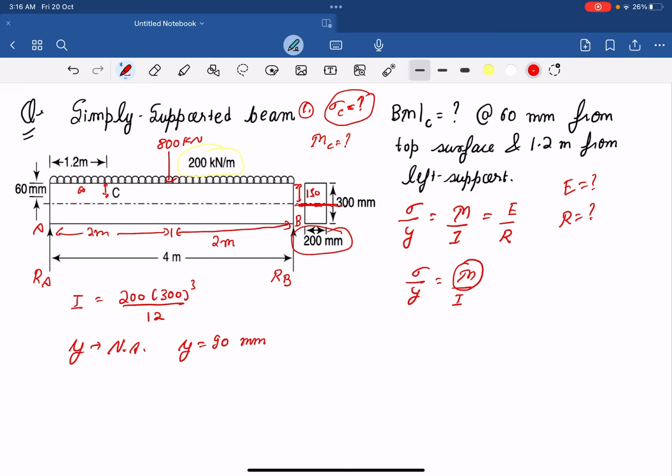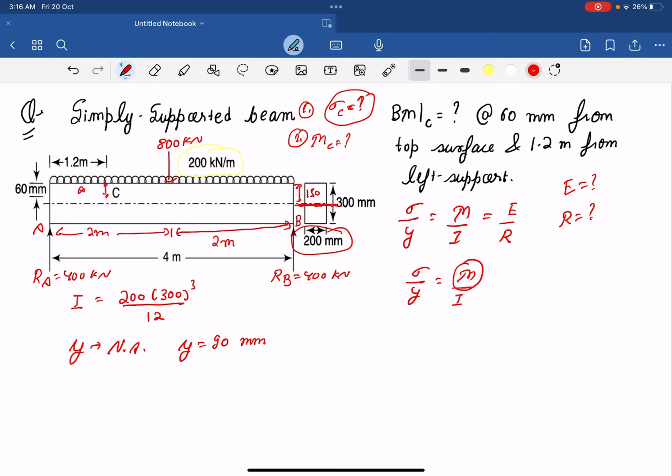That is the first point, that is the second point. So bending moment at C can be calculated from this, like 800 kilonewton acting at the midspan, and as we can clearly see it's a symmetrical loading. So RA will be 400 kilonewton and RB will be 400 kilonewton. The reaction load will be divided equally.